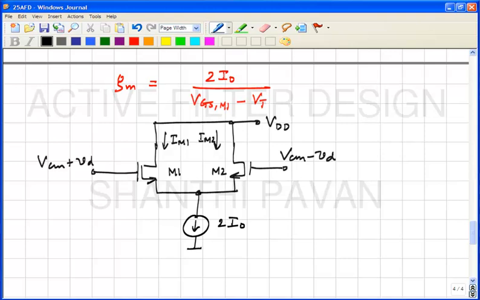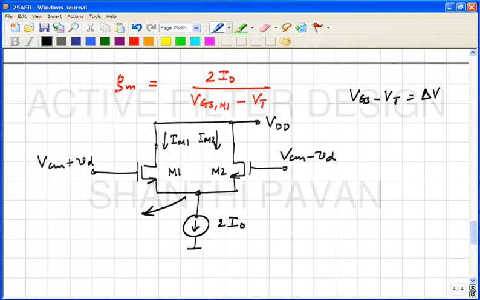What is the quiescent value at the source coupled node? Let us denote VGS minus VT as delta V, or the gate overdrive. Okay. So what is the quiescent voltage at the source coupled node?